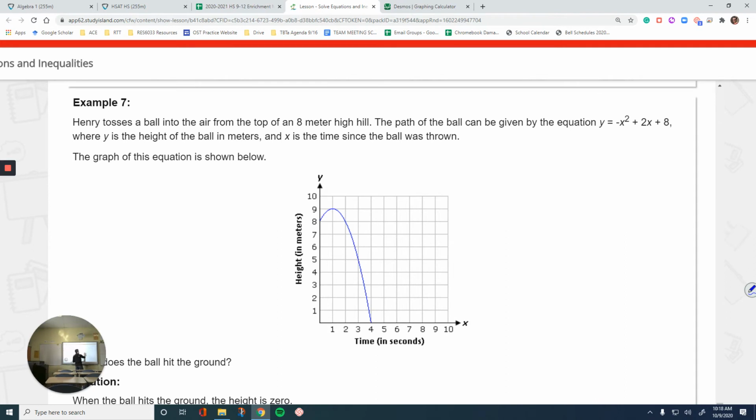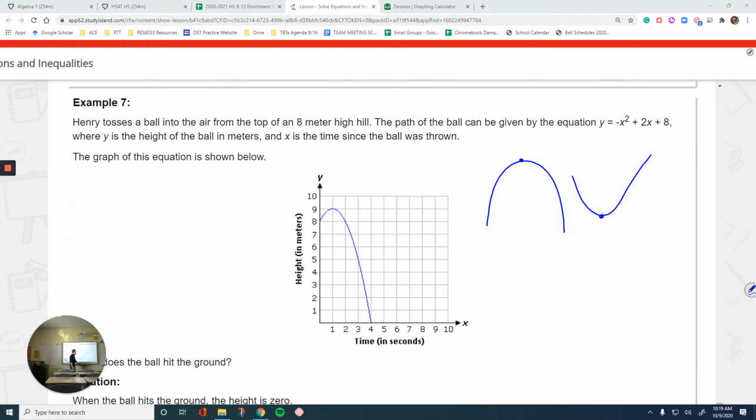So this right here is a quadratic. There's only one peak point. This right here is a quadratic, one point, it's making a peak. So these are examples of quadratics. If you have more than one, that's a cubic function right here.